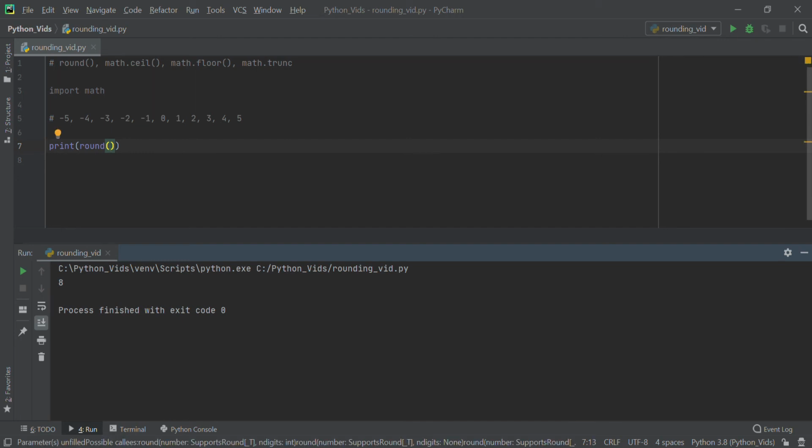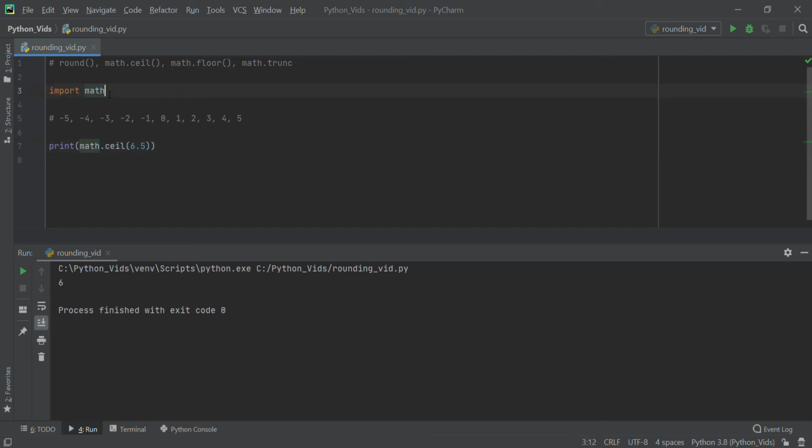But if you do 6.5, well, that brings you down to 6. Okay. Well, how do you do it so that it's always going to bring you up to 7 when you do 6.5? Well, instead of rounding, you can do the ceiling function.